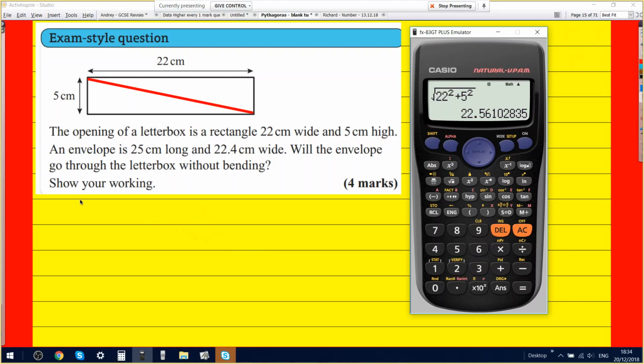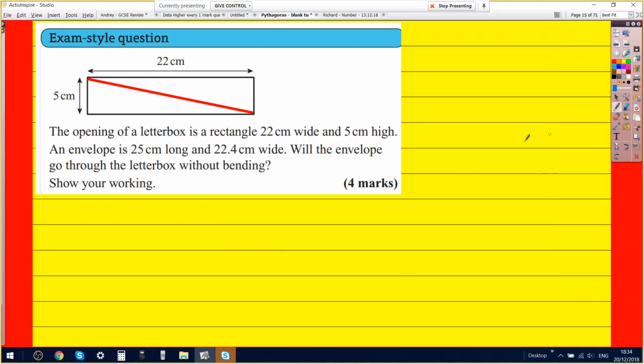Let's say that's 22.56. Will it fit? Yes, it'll just fit. If you put it in by its width, it will just fit.